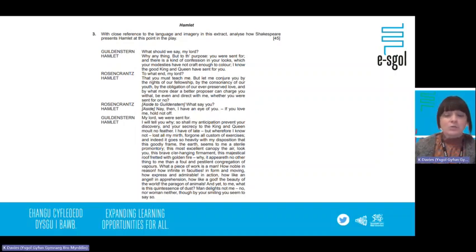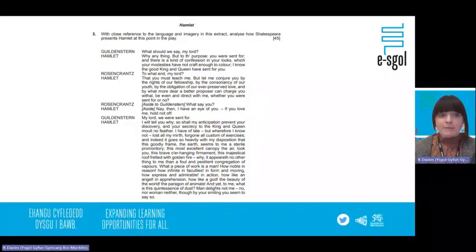All right, so that's one thing that you could be considering before you even read the text. Always have a think about what it looks like on the page. So if it is an exchange between two or three characters, is there a character who is being dominated, or is there a character who is dominating?